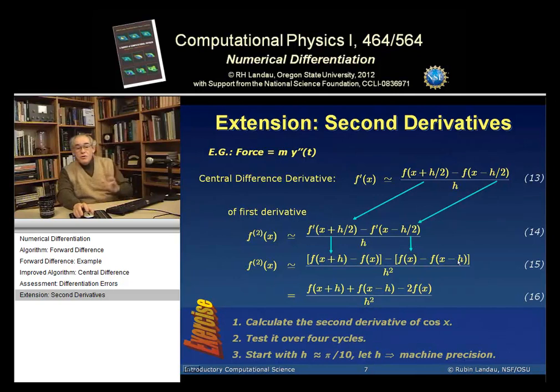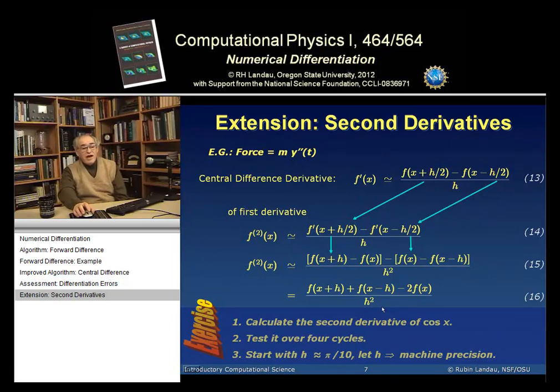So some purists will say equation 15 here is the best approximation for the second derivative. Other people will say, look, we have f of x appearing twice, so why don't we combine it, in which case we get equation 16, which is much neater looking and simpler to remember. It says the second derivative is just the function evaluated a step h ahead, plus a step h back, minus 2 times the central value, all divided by h squared, because it's a second derivative.